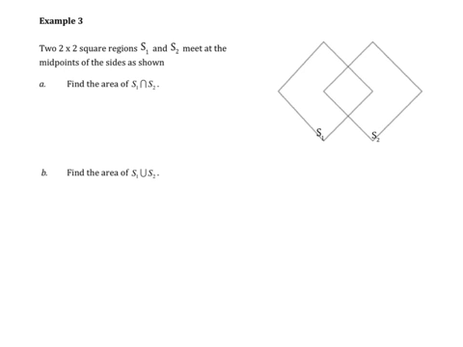So now in terms of area, we're going to apply the thought or notion of intersection and unions. So we have a 2 by 2 square region as labeled S subscript 1 and S subscript 2. And they meet at the midpoints of the sides shown. So since they meet at the midpoints, which I will designate here, it looks to be about 1/4 of each of the squares, that is.